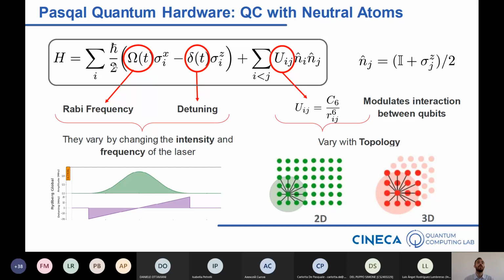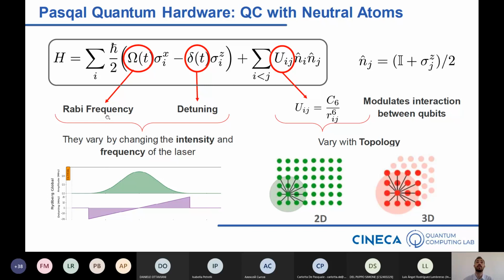You shine your laser, and you select the intensity of your laser, the frequency, and the tuning of your laser. Here you have how the laser interacts with the qubits. You have this term, which is called the Rabi frequency.